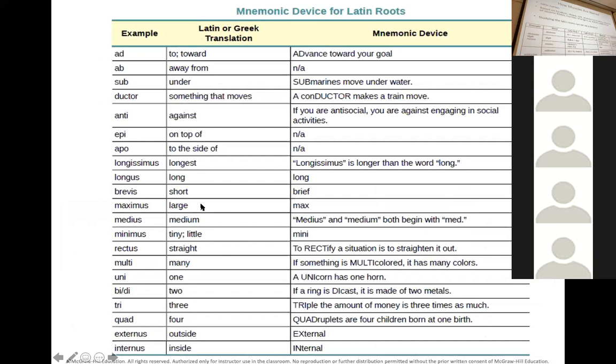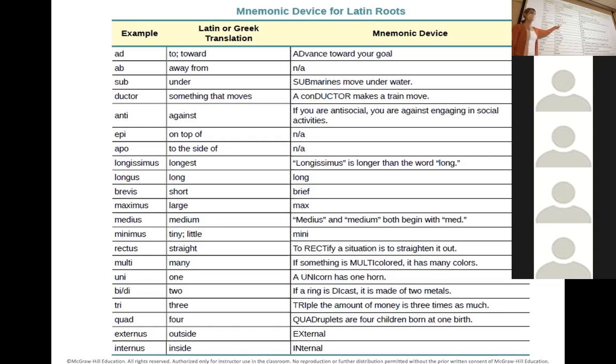And then here, I think this is from either your textbook or your lab manual. I can't remember which it's from. But here's a few mnemonic devices, just helpful little ways to remember some of these Latin roots. So for example, again, you don't need to memorize this. If this helps you, say you see longissimus over and over again, there is one muscle in the erector spinae group that's named longissimus.